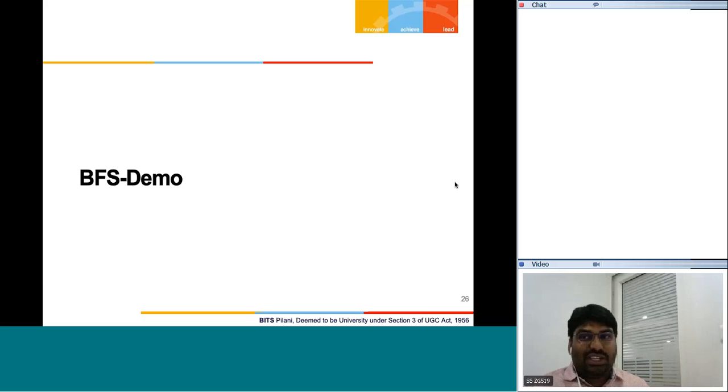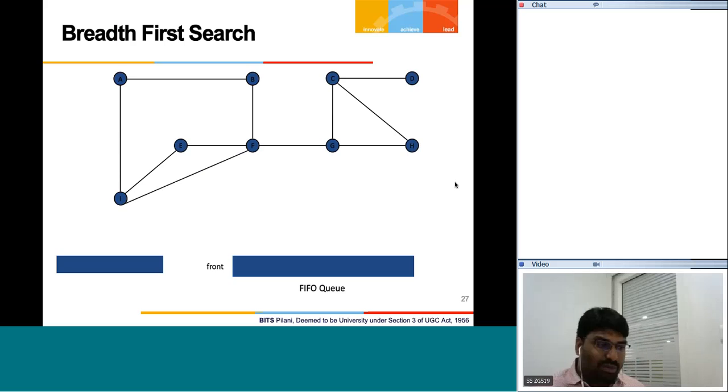So which data structure would you prefer when I'm implementing a breadth first search graph traversal? Stack or queue? As you have answered, it is queue. Perfect. Now let's assume, I hope you are able to see a proper graph, right? The property of a queue is first in, first out. So I do DQ, I do NQ. When I'm adding an element into the queue, I say it is NQ. When I'm deleting an element, I say DQ.